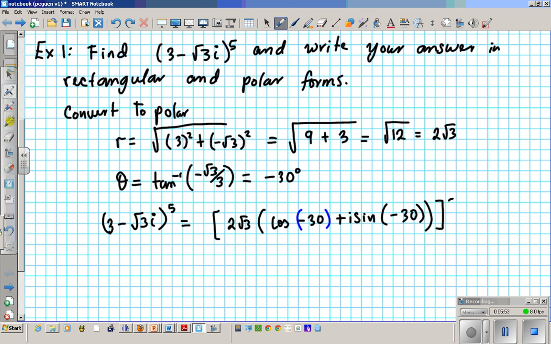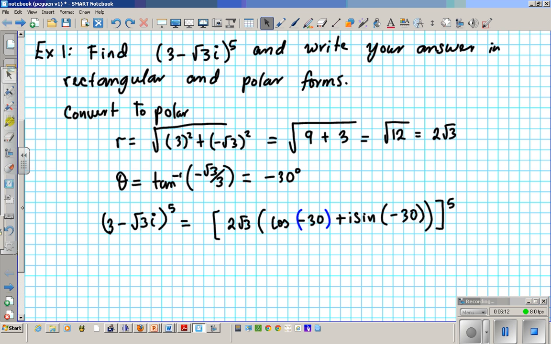Now we're ready to apply De Moivre's theorem. All it says is that you distribute the power: you take the power and make it a power of the absolute value of the radius, and you multiply it by the angles.